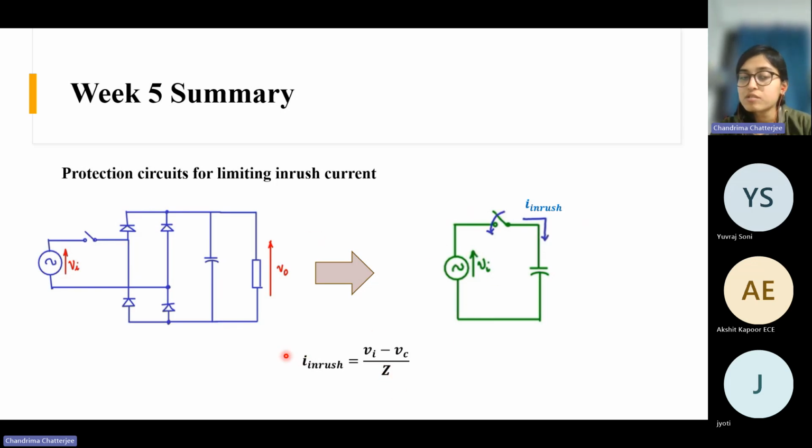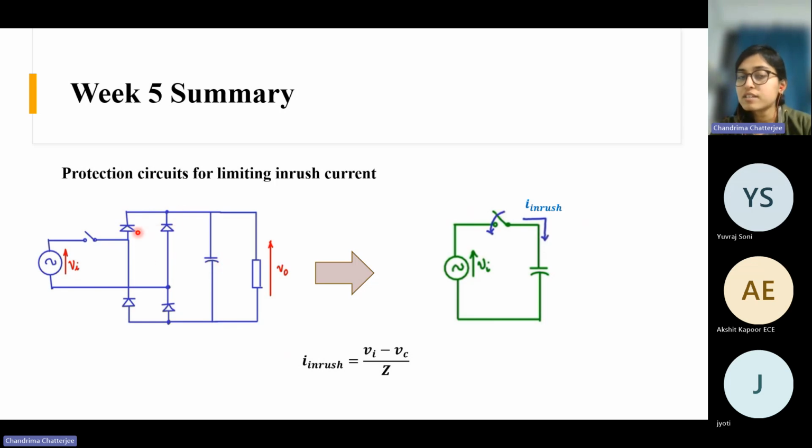And this impedance is what? The source impedance and some very small forward resistance offered by the diodes, right? So this impedance is very, very small. As a result, you will get a huge amount of current initially. And this current may exceed the diode ratings.